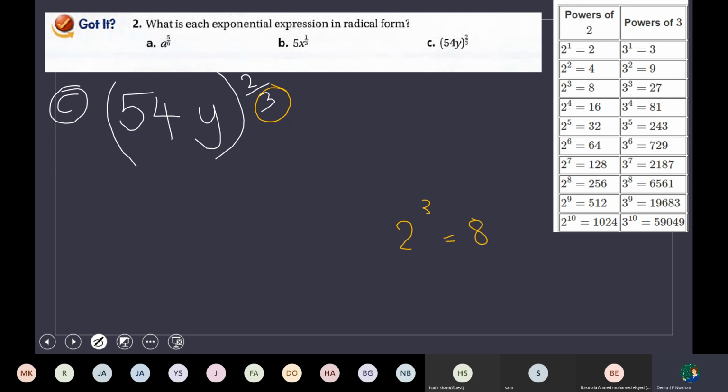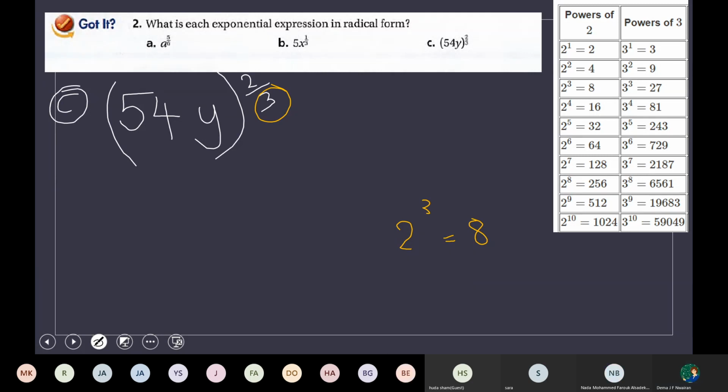But I want 54. Can I make 8 to be 54 by multiplying it by any number? 8 times 4 is 32. 8 times 5 is 40. 8 times 6 is 48. 8 times 7 is 56. I cannot make it 54. Is it right?